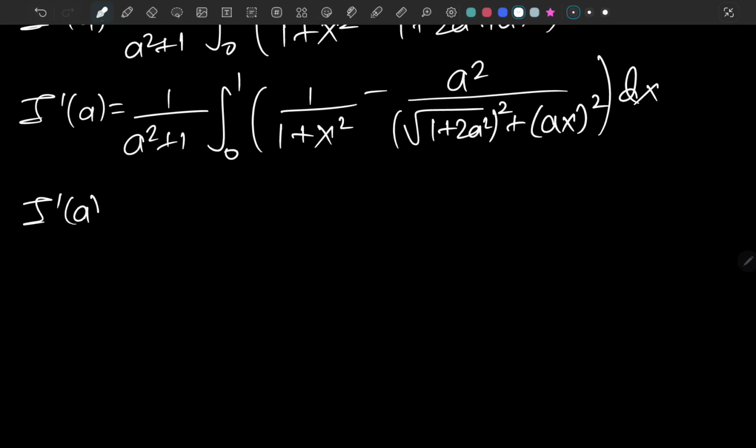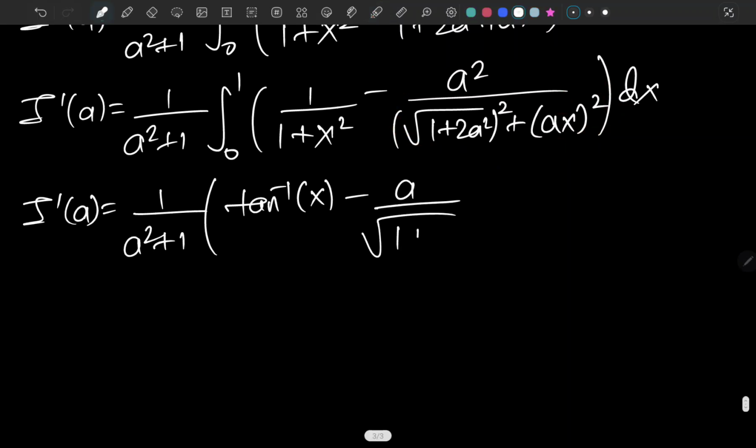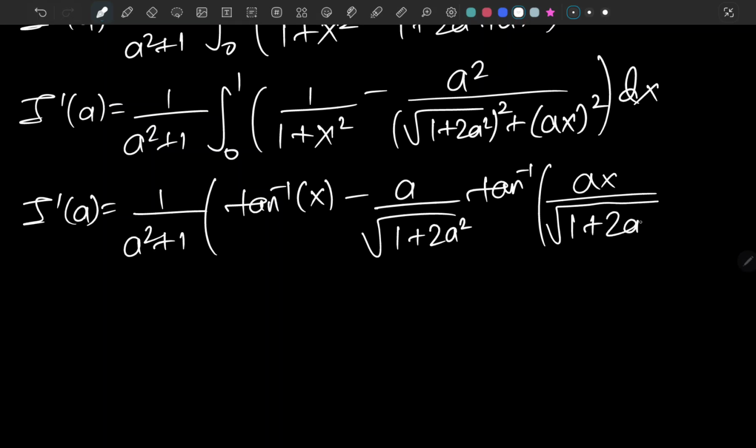So finally if we integrate that, we have 1 over a squared plus 1 times, when you integrate this, that's going to give us arctangent of x only, and minus, if you integrate this big chunk of things, that's going to give us a over square root of 1 plus 2a squared, times arctangent of ax over, you have to just do it by yourself actually, square root of 1 plus 2a squared, because if you do this by yourself, that's going to give you an idea about how integration works.